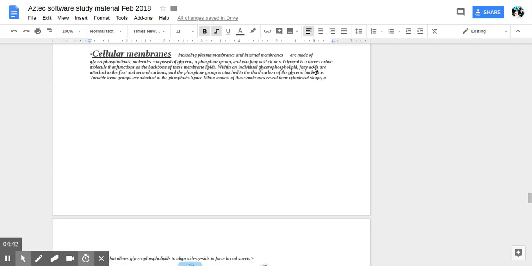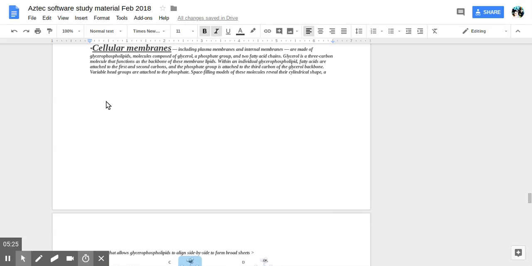Glycerol is a 3-carbon molecule that functions as the backbone of these membrane lipids. Within an individual phospholipid, fatty acids are attached to the first and second carbons, and the phosphate group is attached to the third carbon of the glycerol backbone. Variable head groups are attached to the phosphate.